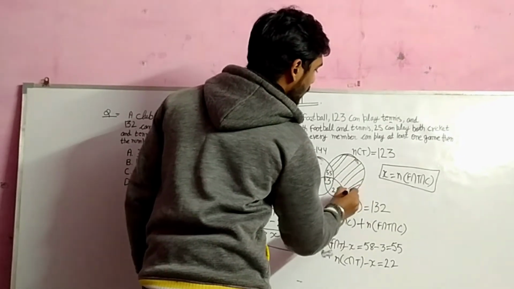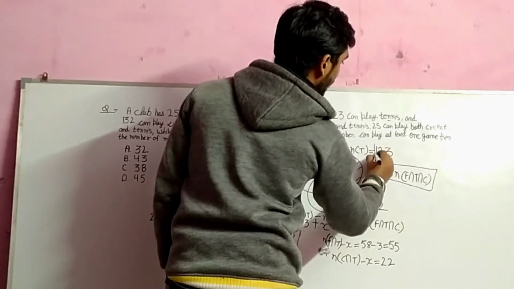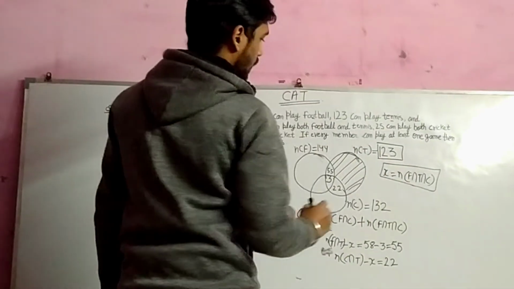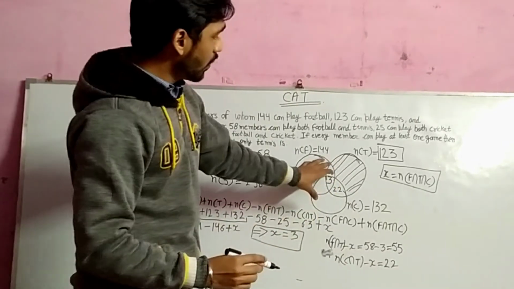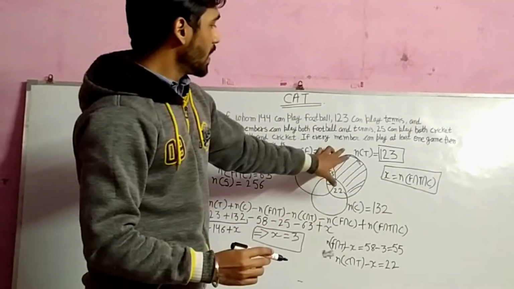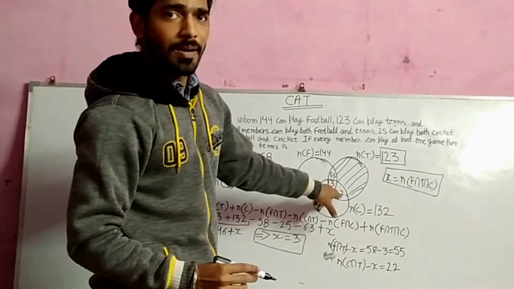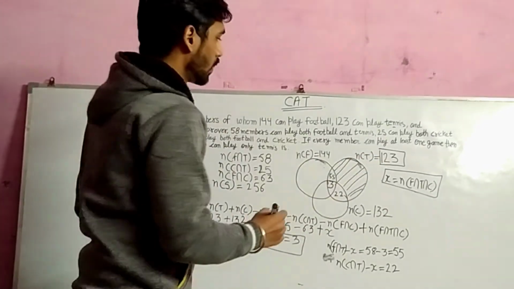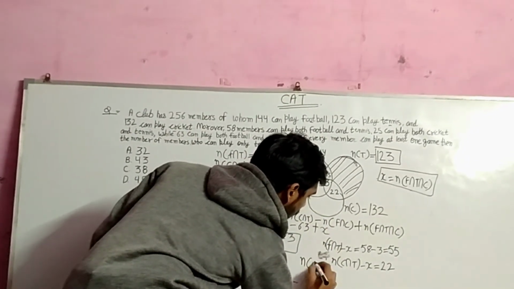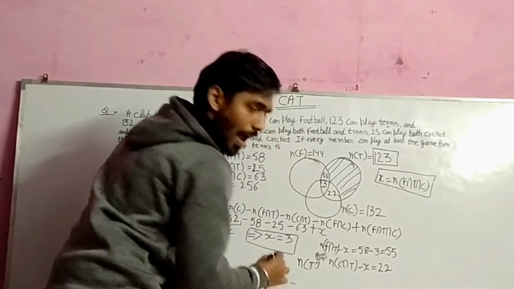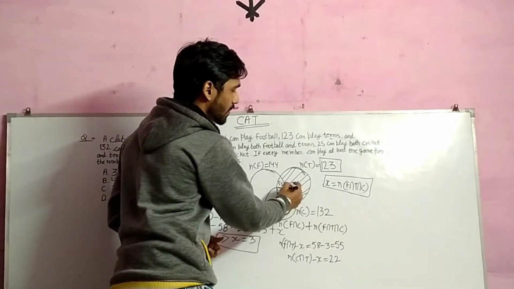This shaded region does not include these three values, but the number of members who play tennis includes all three numbers and also this. So we don't need these three values for our answer, and let us call this shaded region T dash.